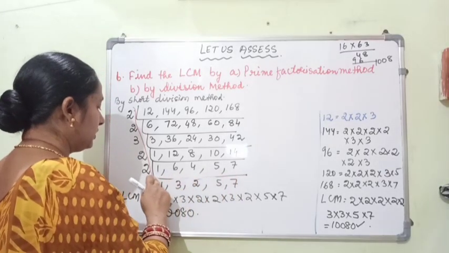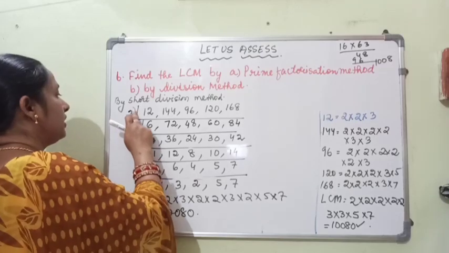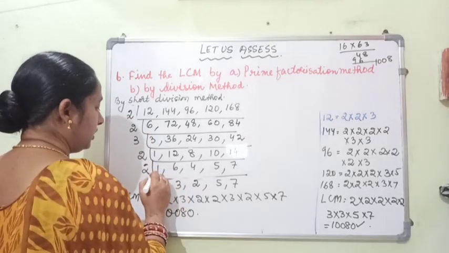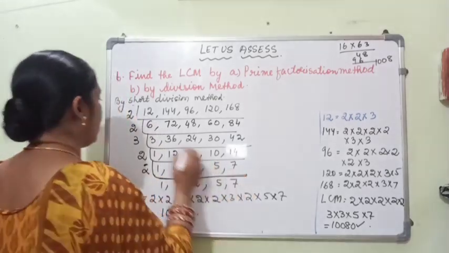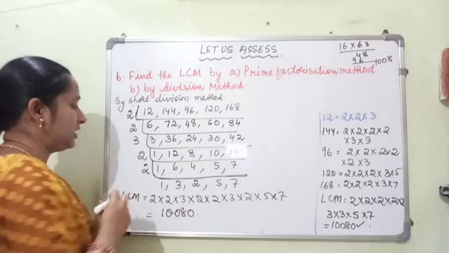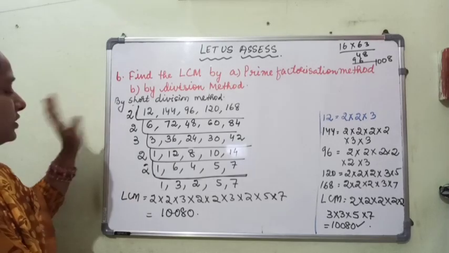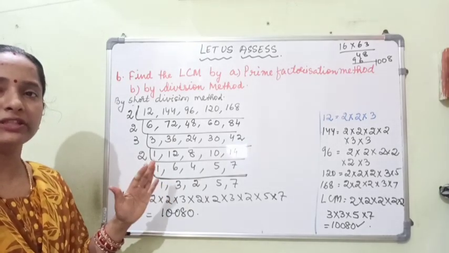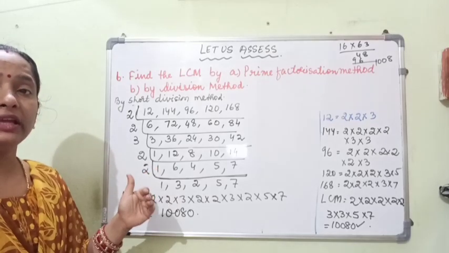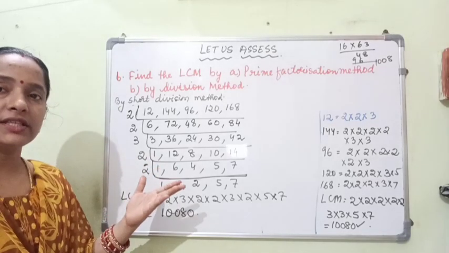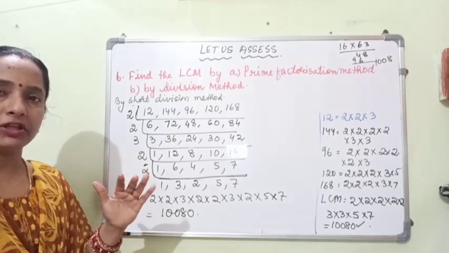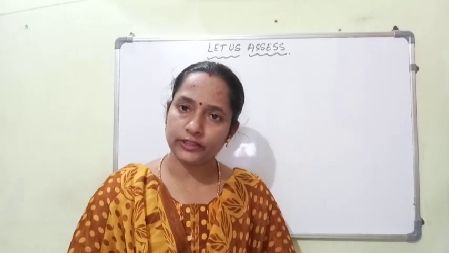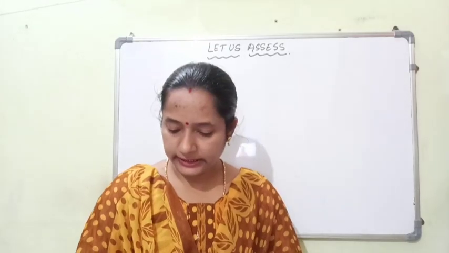So children, in the same way, in question number 5, you are asked to find the HCF by both the methods. So there you will find the HCF. In question number 6, you were asked to find the LCM of the given numbers by prime factorization method as well as by division method. So this is the sum. Next, let us continue with question number 7.